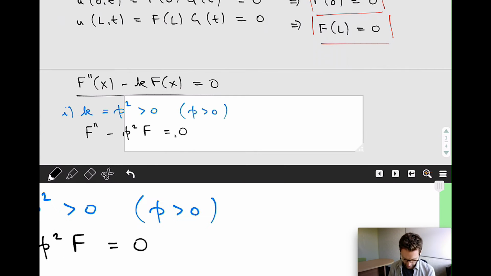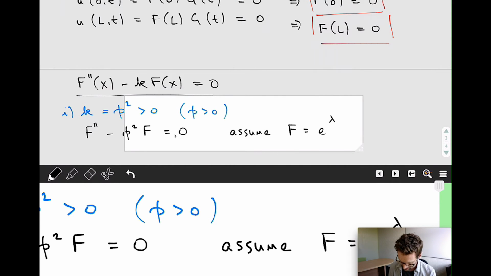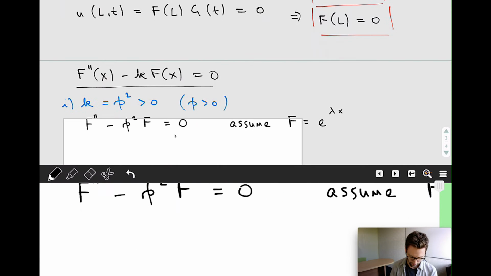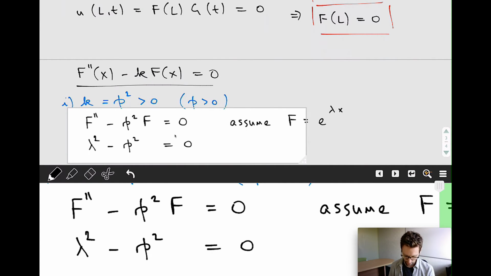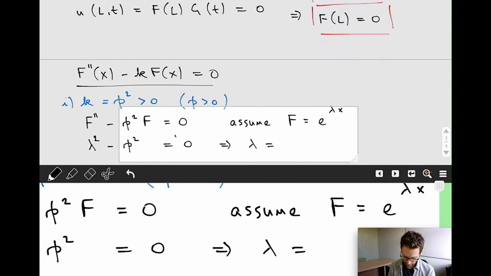So what I can do is I can assume a solution of the form e to the lambda times x. That means that every derivative of f becomes a power of lambda, which means that my characteristic equation is lambda squared minus p squared is equal to 0, which means that lambda is equal to plus or minus p.